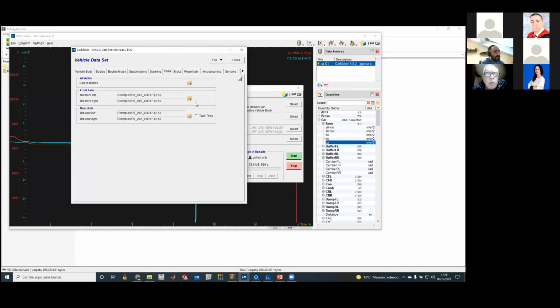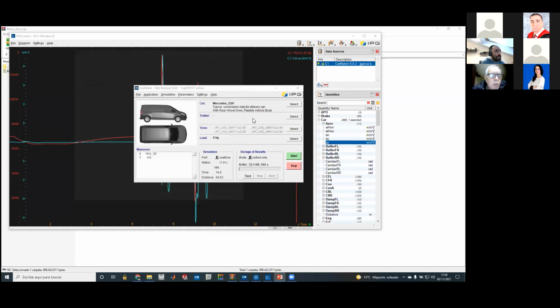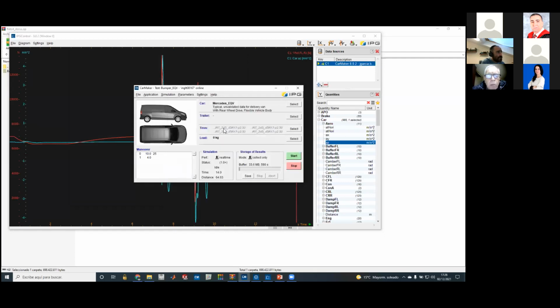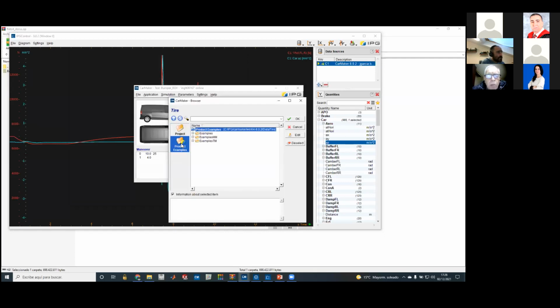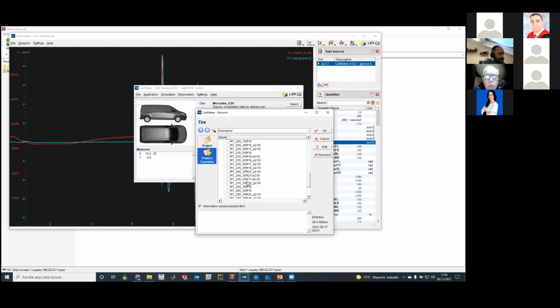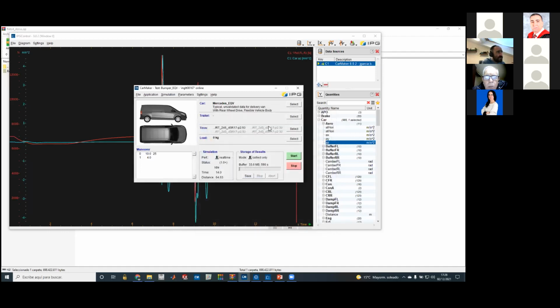Regarding tires, I have a set of tires I can use for my system. I will show you this here. For example, I will go for 245, 45, 16.